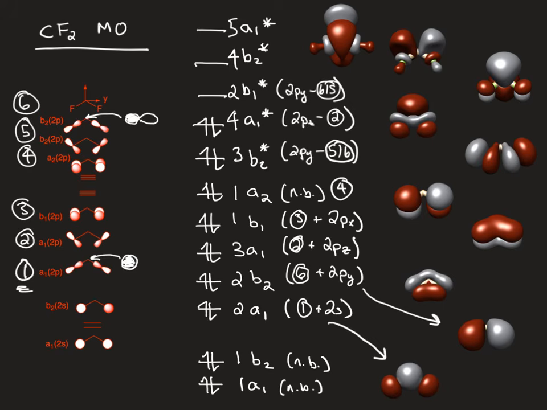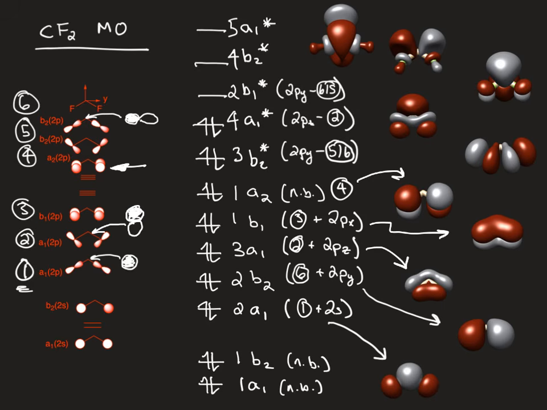This is followed by the 3A1, so this would be from a pz orbital coming in and overlapping in there. We then have the 1B1 followed by the non-bonding 1A2. So it is just that SALC right there.